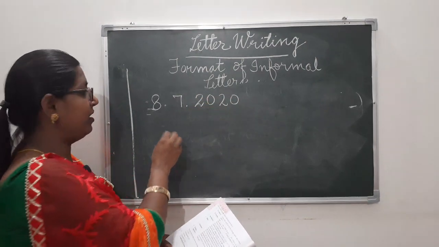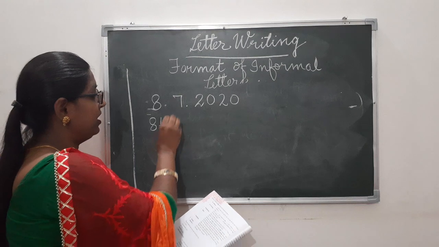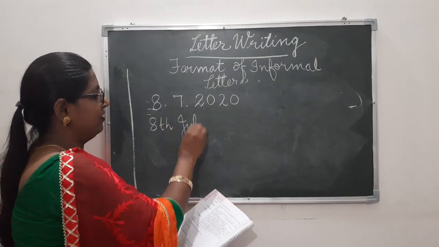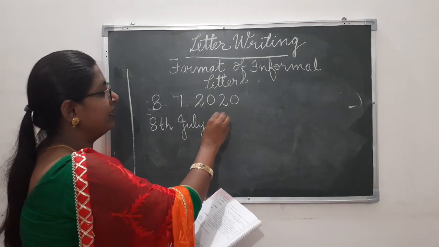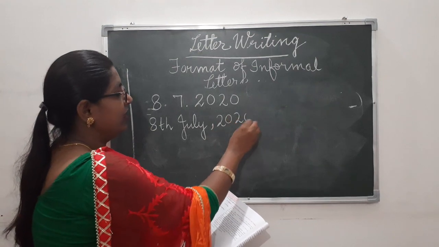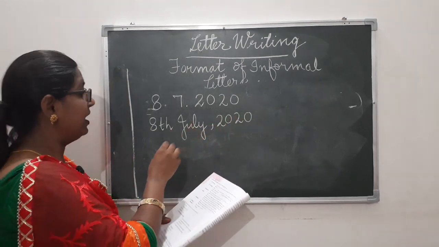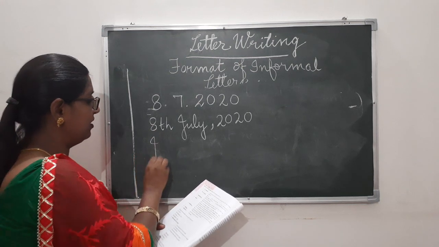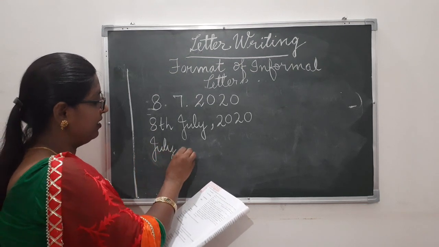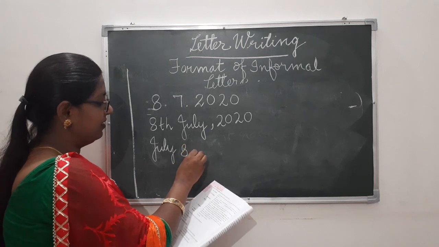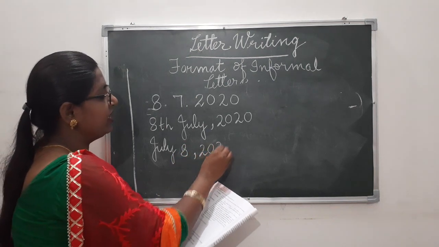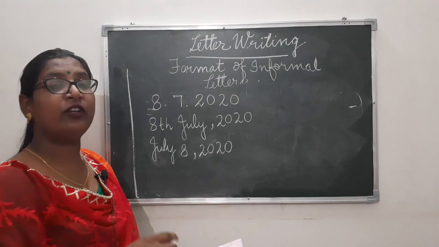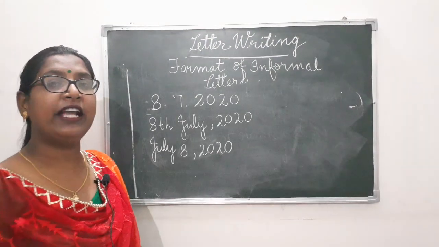The second way is 8th July, 2020. And the third one is July 8, 2020. In different ways we can mention the date.